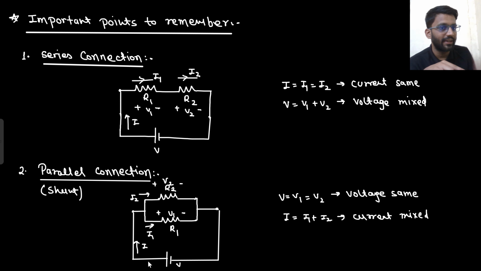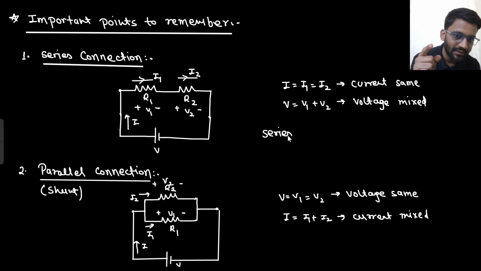The current is sampled and voltage is mixed. So series connection means current sampled and voltage mixed.